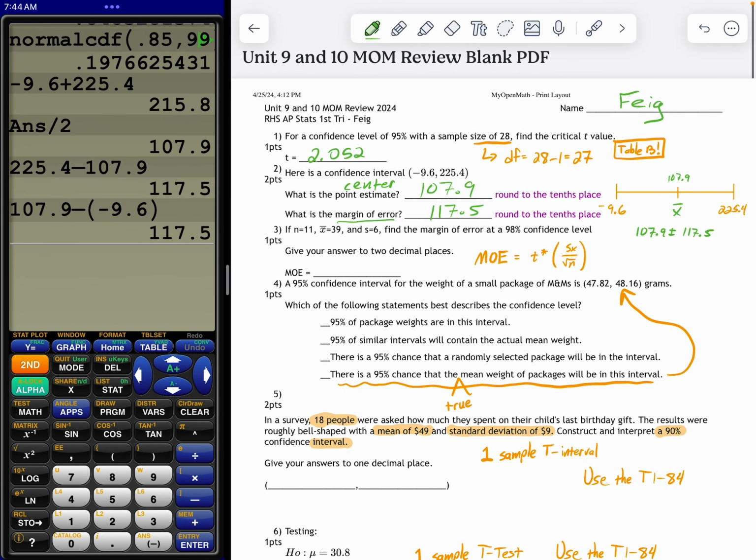Number 3 gives us sample size, sample mean, and standard deviation s, and we are looking for the margin of error. Okay. Well, if you want to use the calculator heavily, you could just take all this and put it in the calculator.